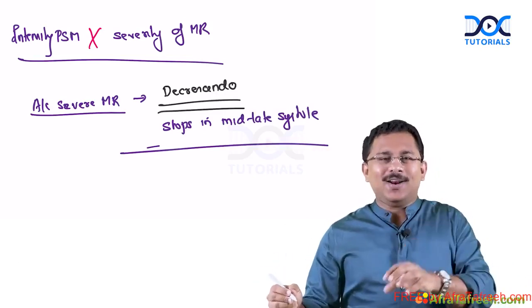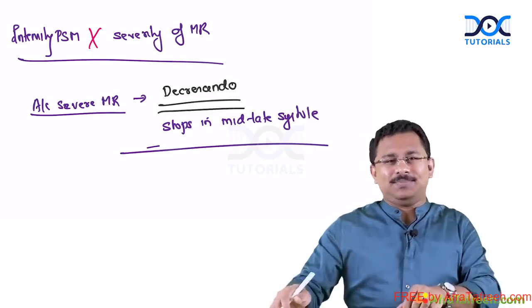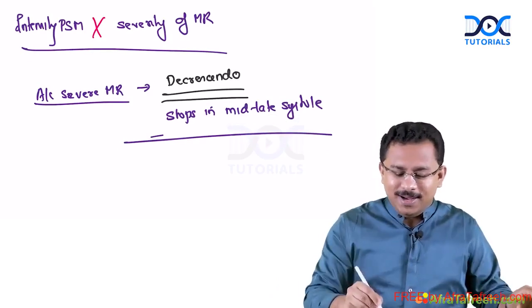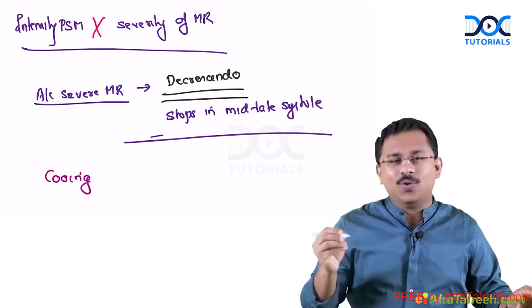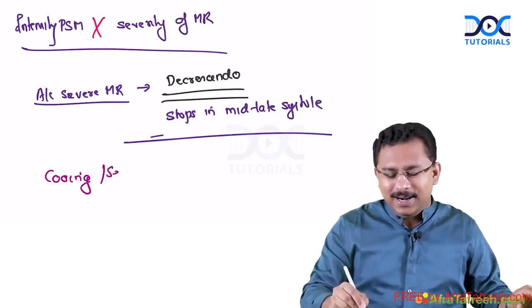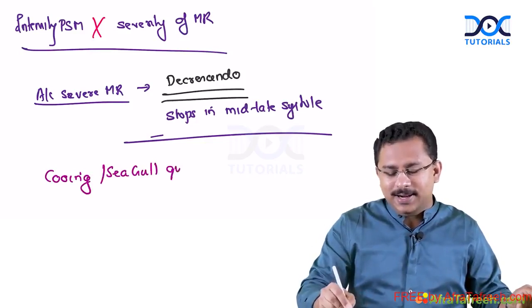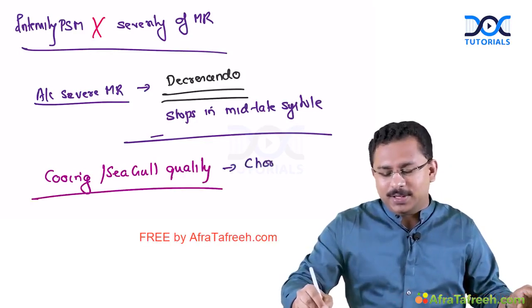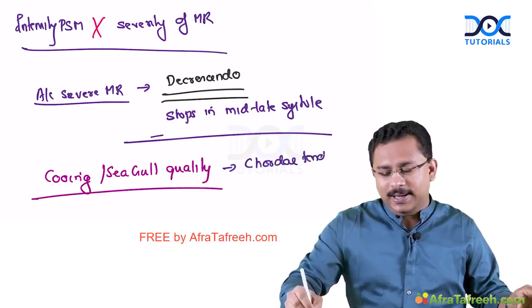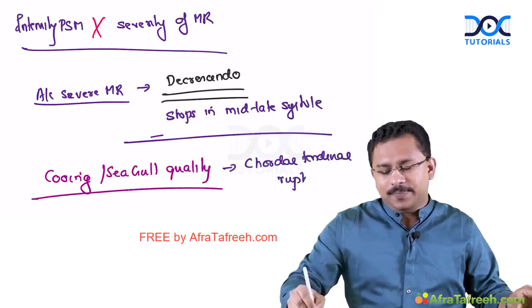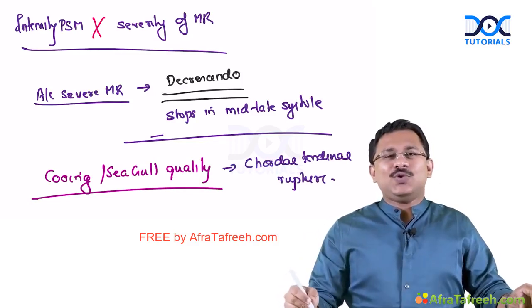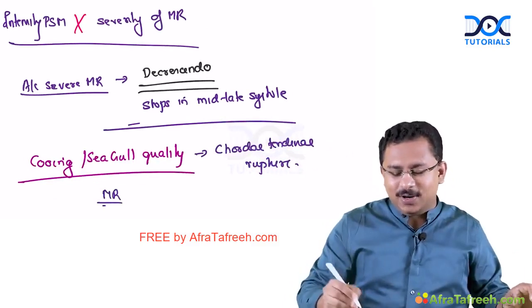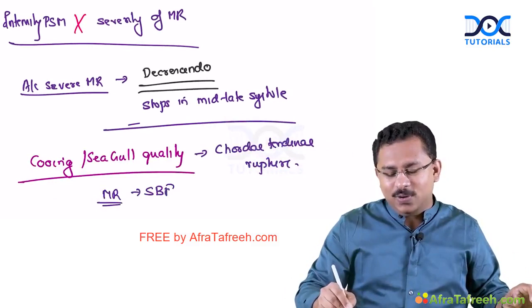Now, if the MR occurs specifically because of a chordae tendineae rupture, then the systolic murmur can have a cooing nature or a seagull quality. This often happens when a patient develops mitral regurgitation in the context of subacute bacterial endocarditis.